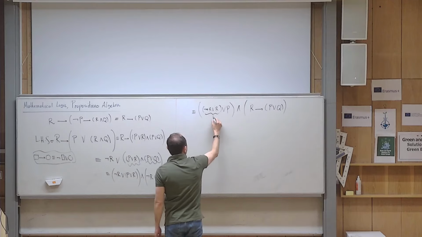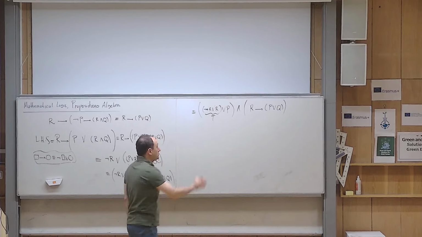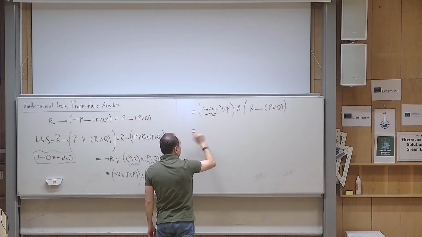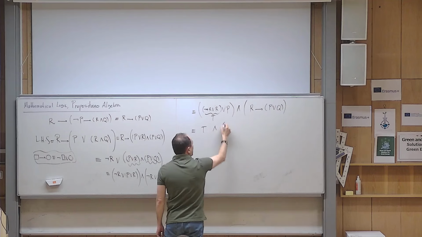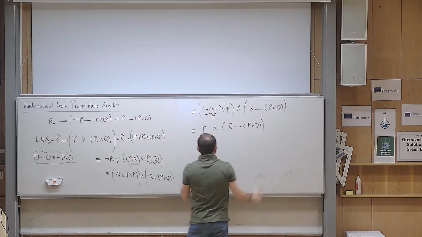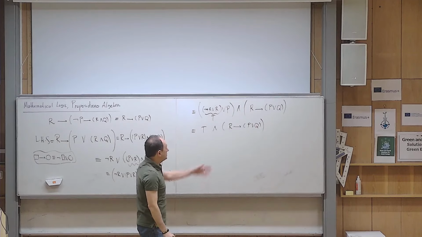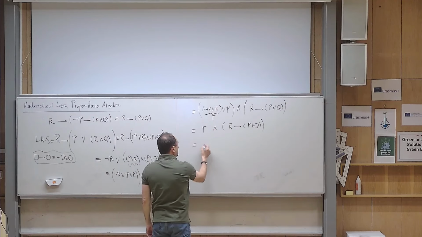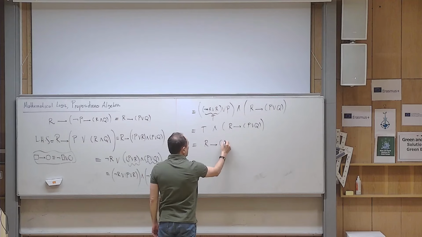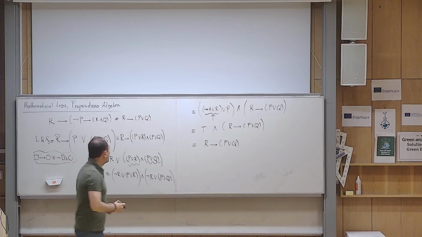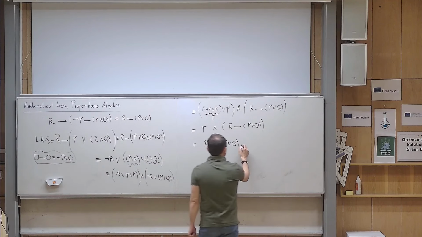It's a tautology, and I have a tautology or P, which is a tautology, and that guy. And then tautology is the identity of conjunction, so it doesn't have any role there. So I can just get rid of it. So it becomes if R then P or Q. Yes, and that is exactly equal to the right-hand side.